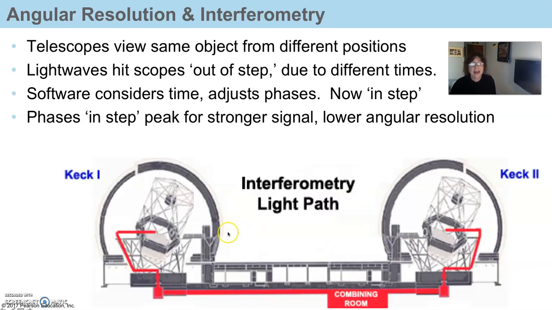In fact, underneath Keck 1 and Keck 2, there are a series of mirrors coming out of that Nasmyth focus that we talked about, very accurate mirrors, very accurate timing, and very precise software that can adjust the phases to make them interfere and strengthen them, so that instead of having one 10-meter telescope and another 10-meter telescope, maybe getting 20 meters of resolution, you actually can get out of Keck 1 and Keck 2 85 meters of resolution, which is the distance between the outer rim, the diameter of the Keck 1, and the diameter outer rim of Keck 2, 85 meters.